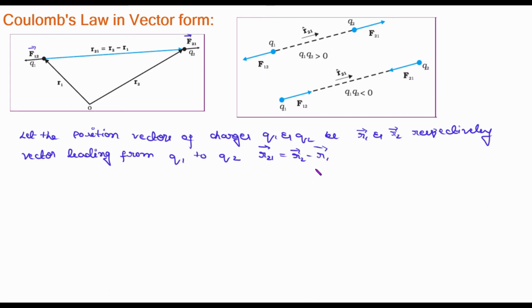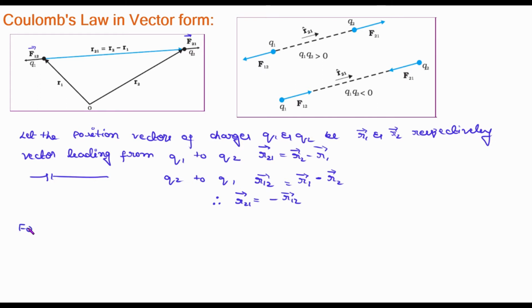In the same way, the vector leading from q2 to q1 will be r12 equal to r1 minus r2. Comparing these two, we can conclude r21 vector is equal to minus of r12.